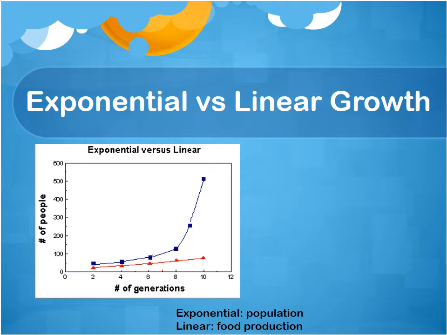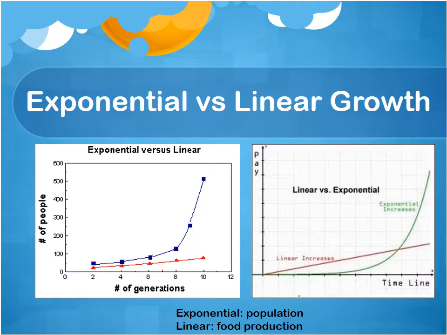So Malthus' concern was that we were going to run into a situation where, even if, as you see in the curve on the right, the linear curve for food is higher than the exponential curve of population, at some point population growth was going to overtake our ability to produce food, and we would crash.